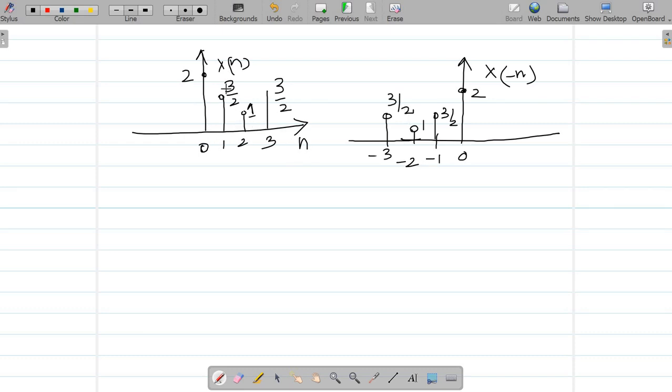So the entire samples got reflected, mirror imaged, and the image is as follows.